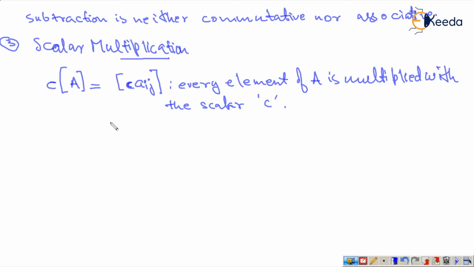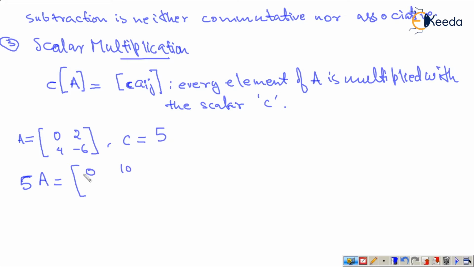Again, in a similar fashion, we can take out something common from all the elements. Like if we say A is, let's say, 0, 2, 4, minus 6, and this scalar is 5. Then 5 times A will be each element multiplied with this constant. So 5 into 0 is 0, 5 into 2 is 10, 20 and minus 30.